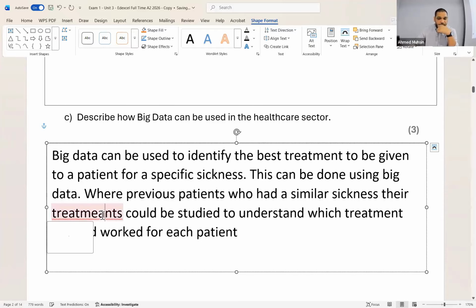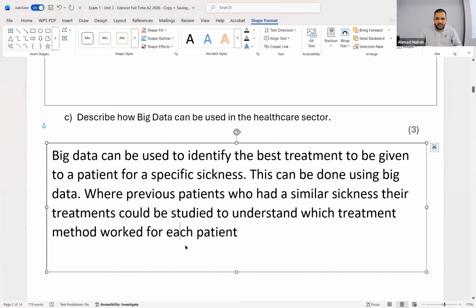You get my points, right? You can use big data to identify what's the best treatment to be given to a patient for a specific sickness. How do you decide on that?